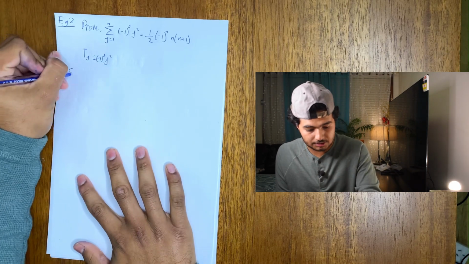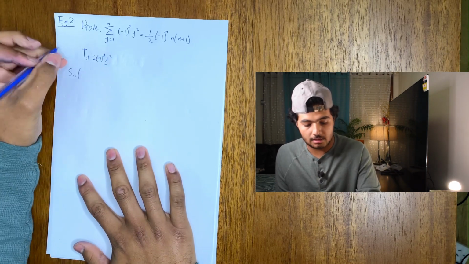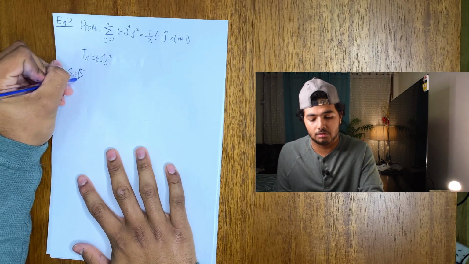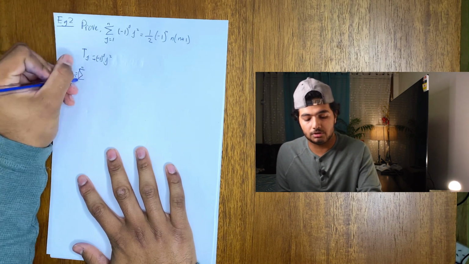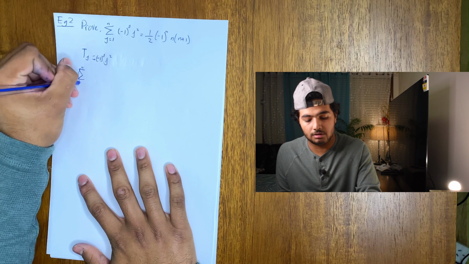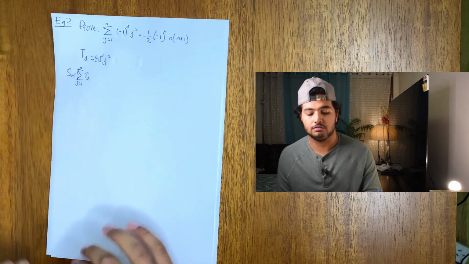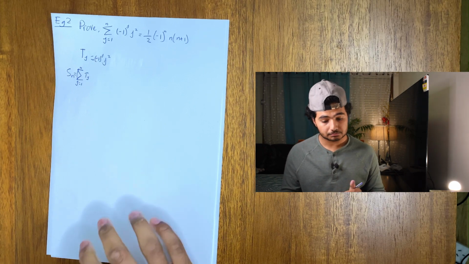So this then becomes S n equals, if you got the sigma notation, j equals 1 to n, t of j in this case.